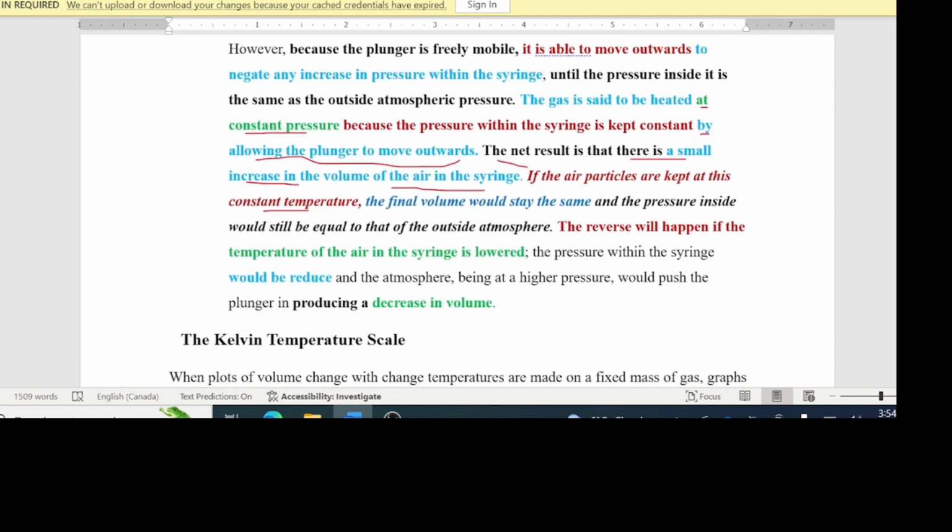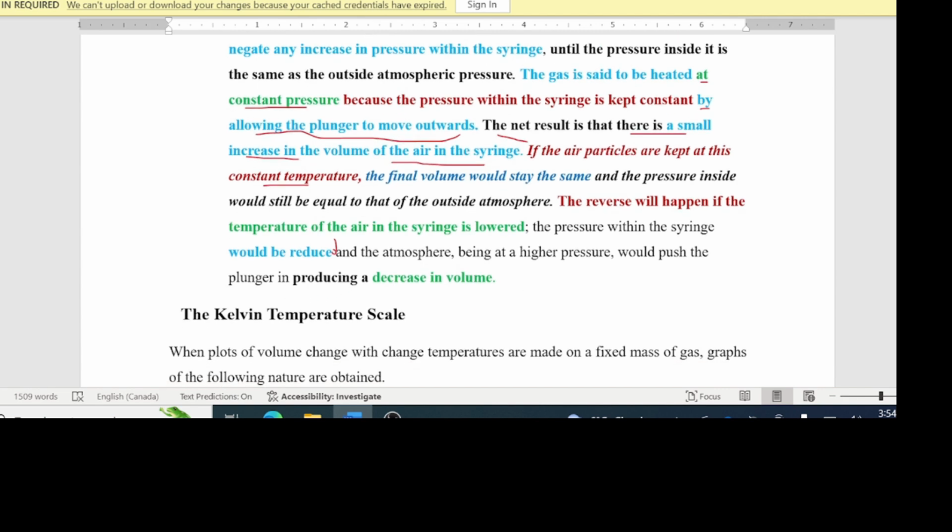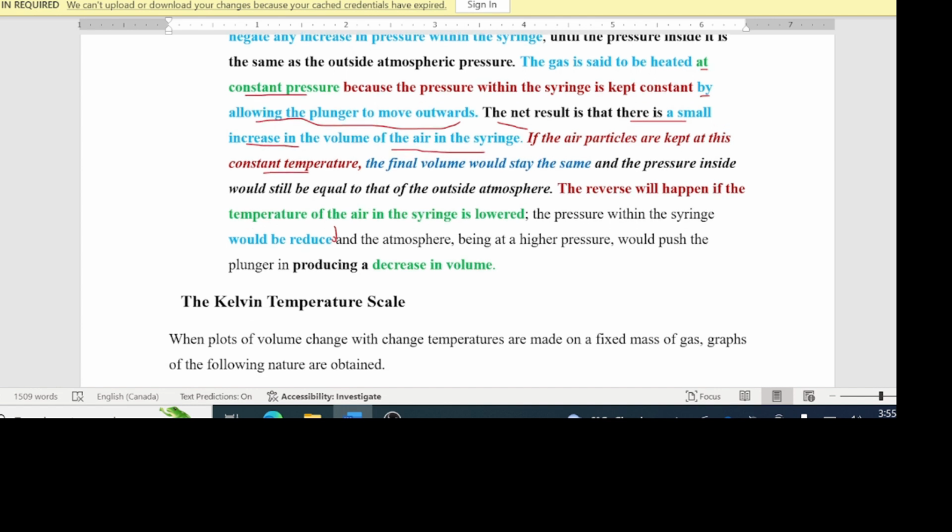The reverse will happen if the temperature of the air in the syringe is lowered. The pressure within the syringe will be reduced and the atmosphere, being at a higher pressure, will push the plunger in, producing a decrease in volume. So that is how temperature affects the volume of a fixed mass of gas at constant pressure.